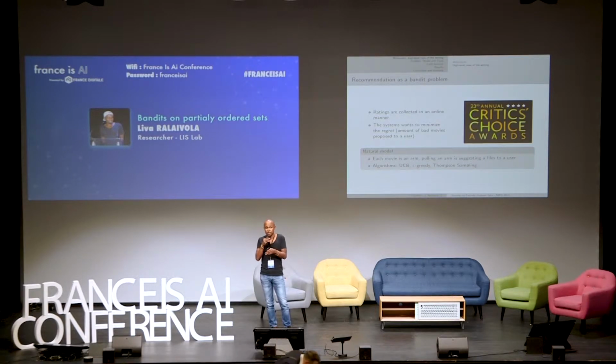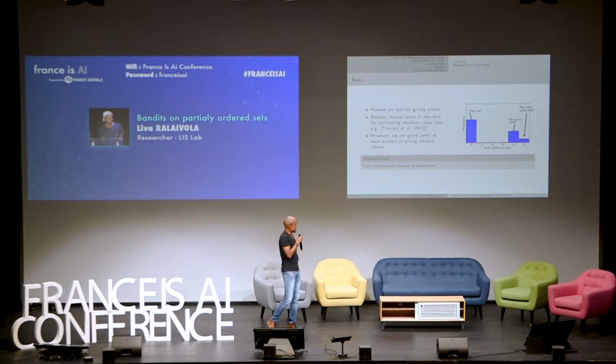You cannot use your money just to explore, to see what is the best machine, but you want to use your money as efficiently as possible, so that at the end of the day you have as much money as possible. But the thing is, we humans are very bad at giving scores.